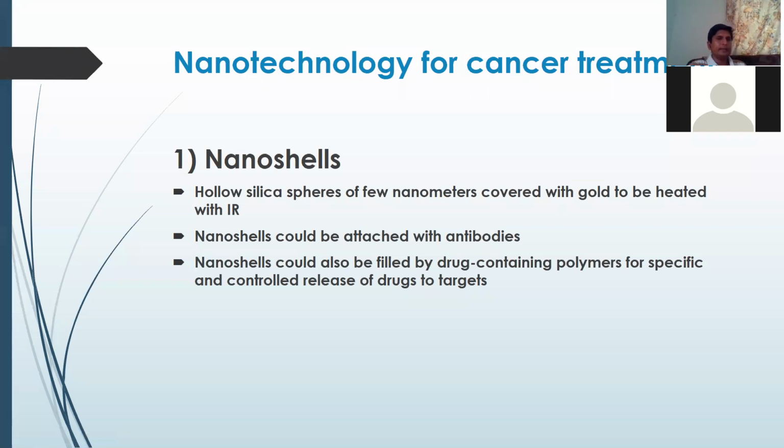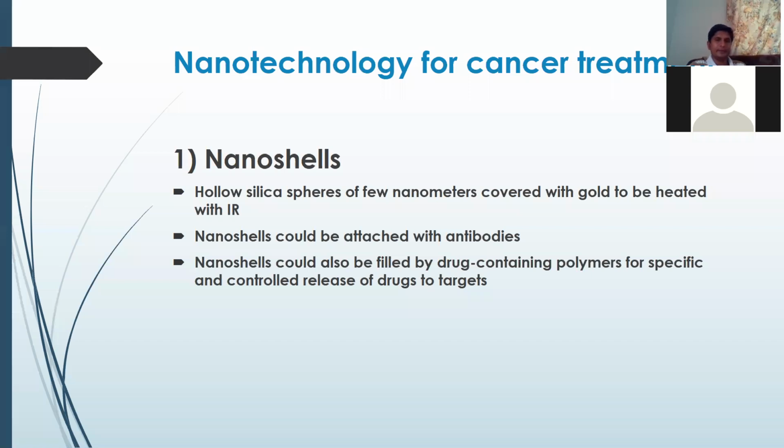Once the gold nanoparticles associated with these shells are heated, they would, in a very targeted fashion, kill only the cancerous cells. They would kill only the cancer tumors, and they would not be harmful to the normal healthy cells.